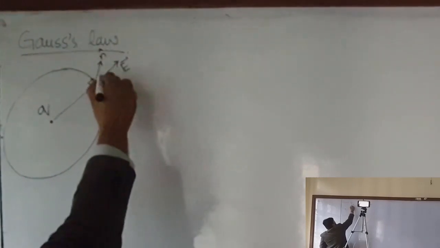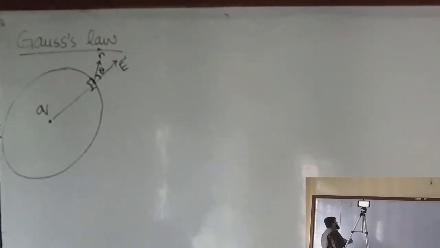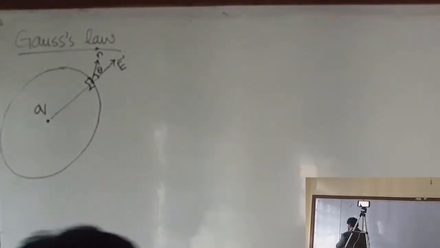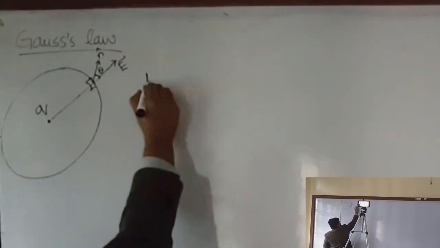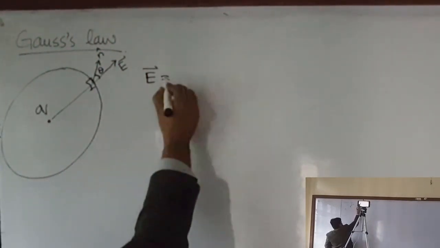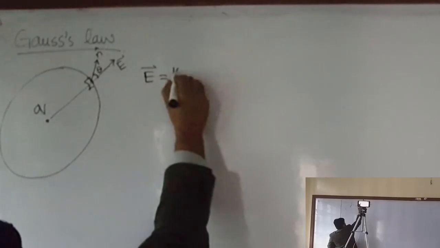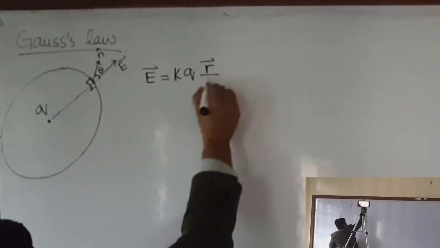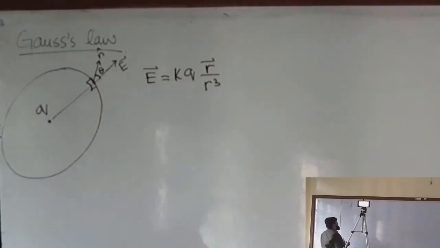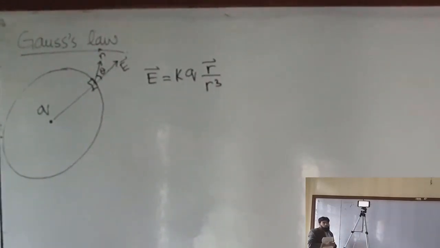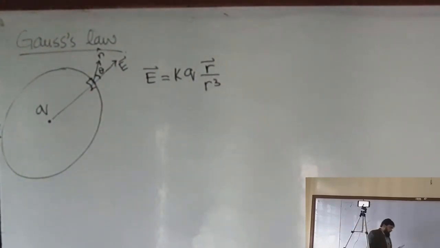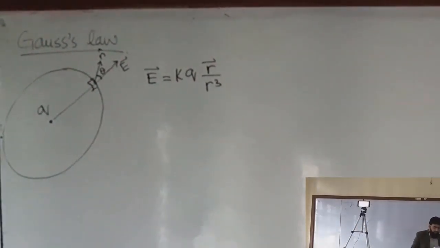So this E, the electric field line, will have an angle theta with it. And for this I can write the electric field is equal to K Q R over R cube. Now instead of writing it in x minus x1, x2, I am just writing it in R.